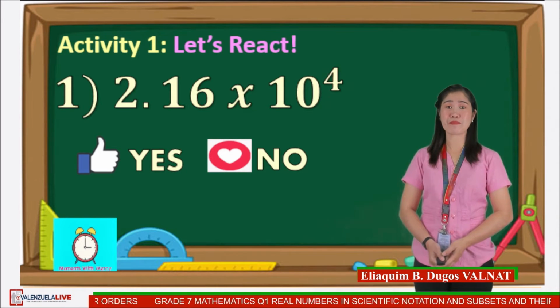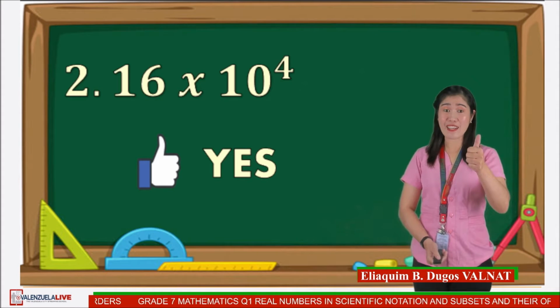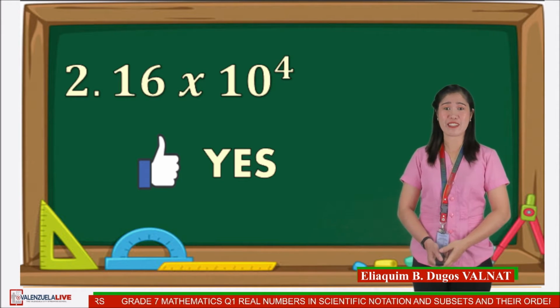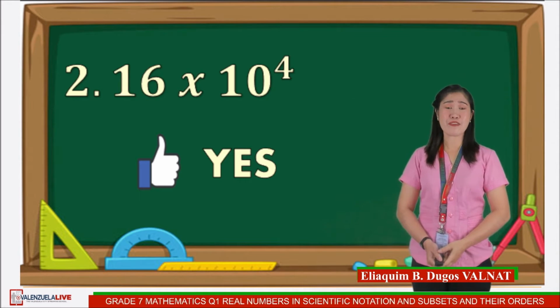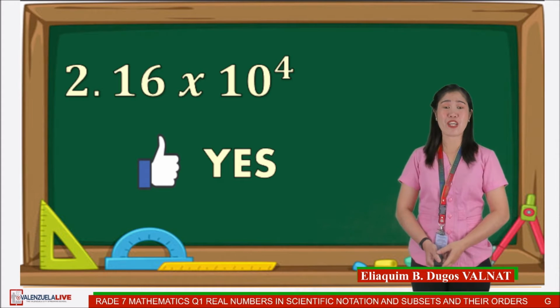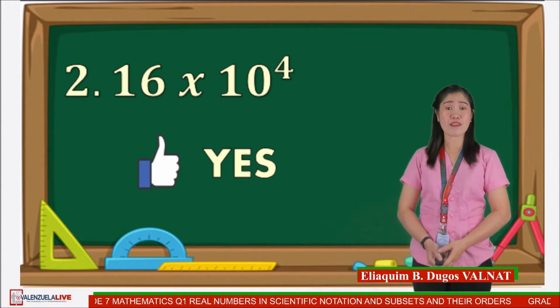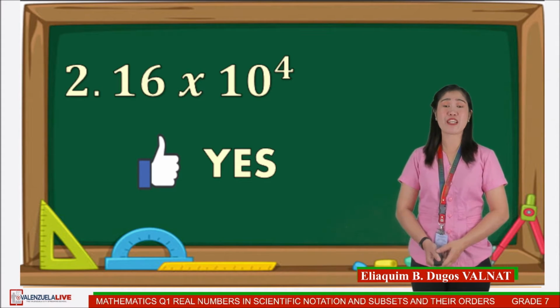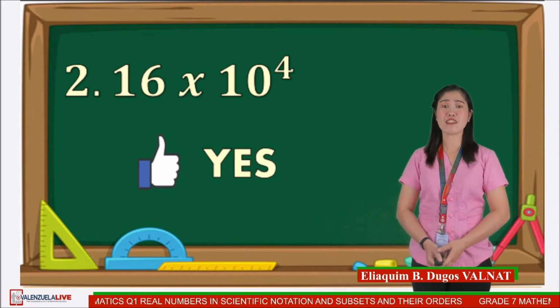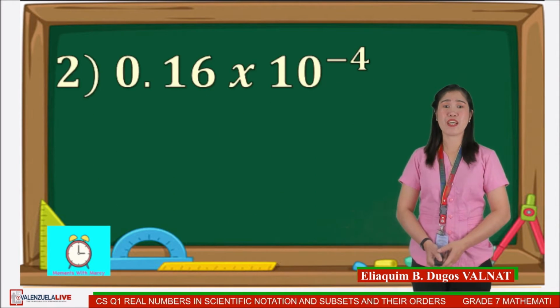Time's up. If you click like, then you are correct. It is a scientific notation. The value of a is greater than 1 and less than 10, and the value of n is an integer. Next is 0.16 times 10 raised to negative 4.